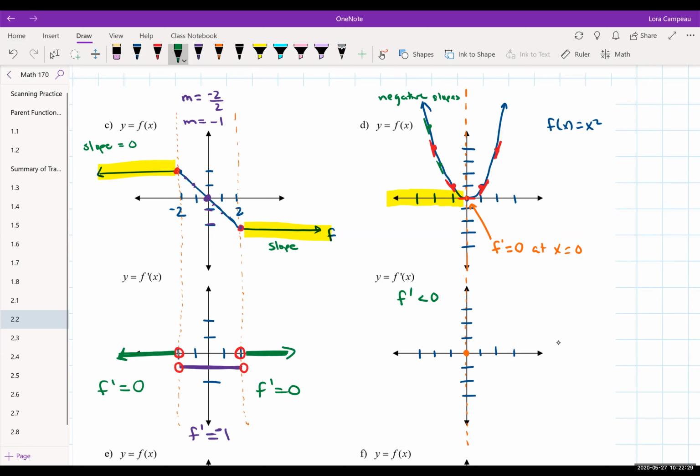And probably guessing, if you look at what's happening to the right of x equals 0, as we draw more tangent lines in, we end up with positive slopes. That would imply that our derivative is positive numbers, greater than 0.